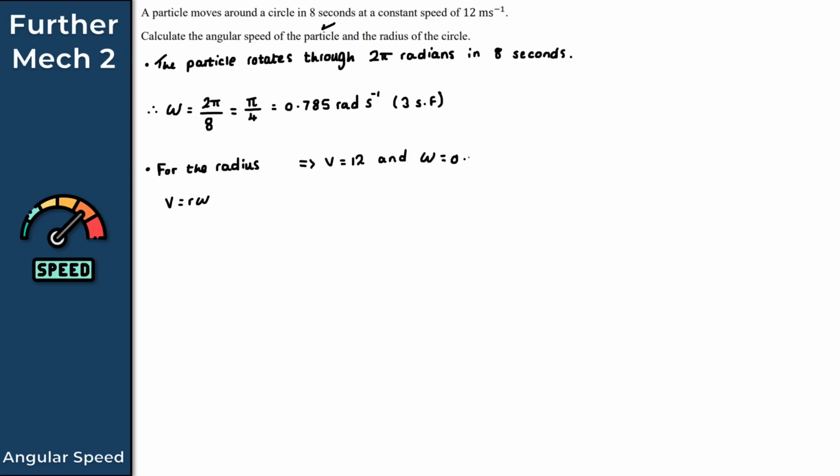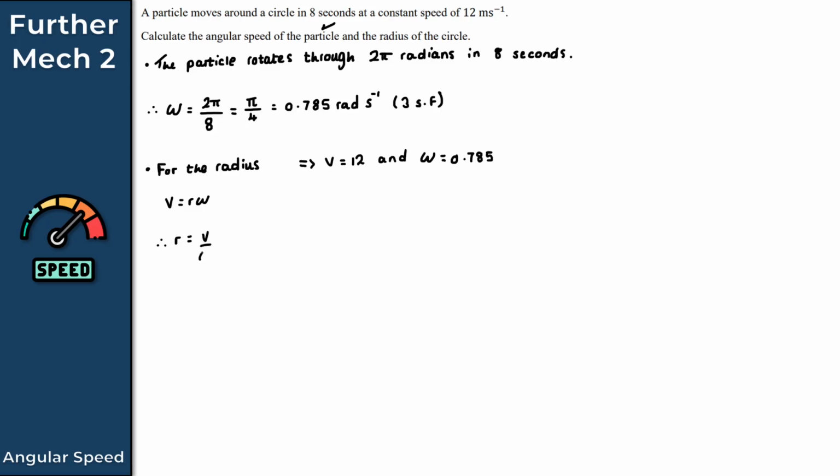If we want the radius, R, all we need to do is rearrange and make R the subject of the equation, and then substitute V and omega into that rearranged form. Nice and straightforward. R is simply V over omega.